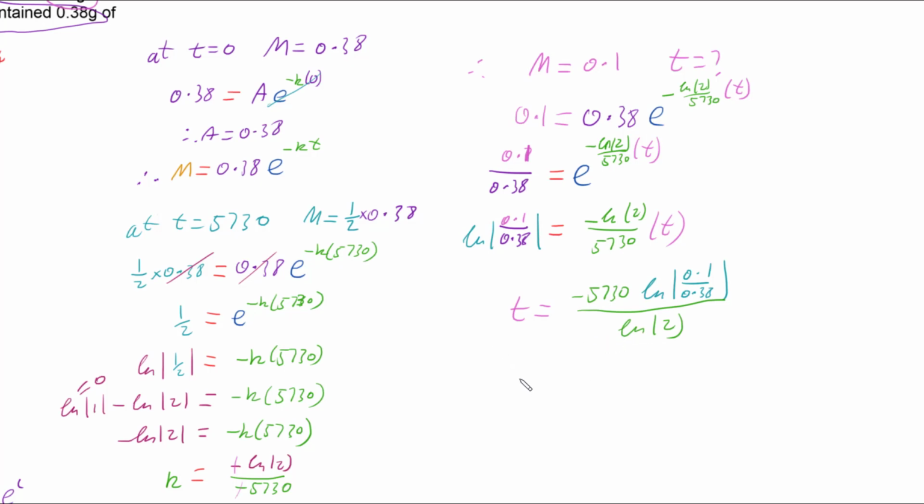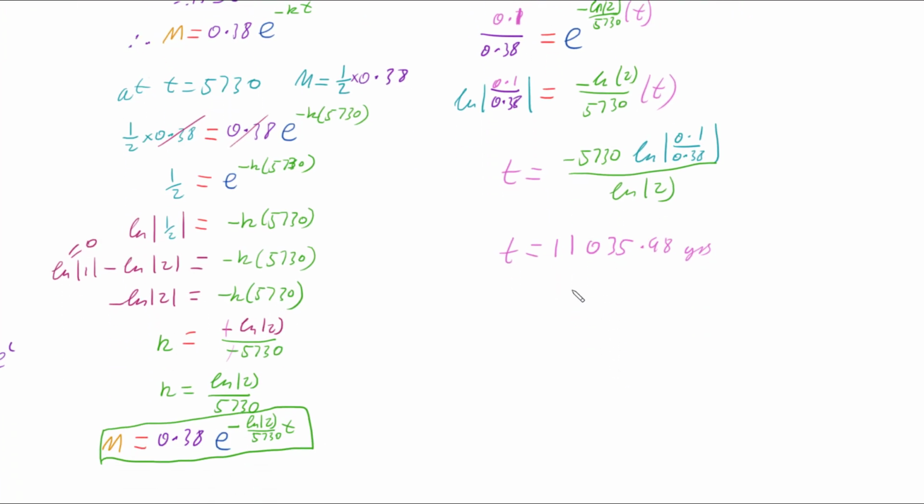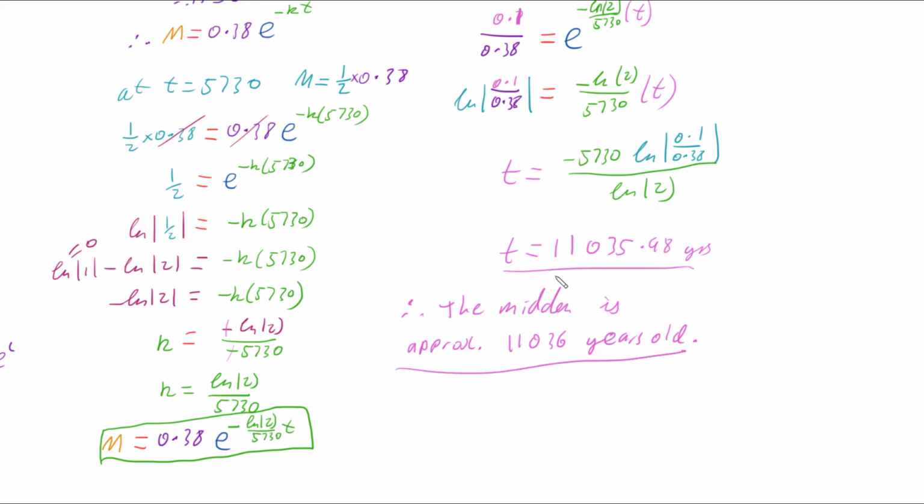And so if we put all of that into our calculator, we get a time of 11,035.98 years. So that means the midden is approximately 11,036 years old. And so we're done.